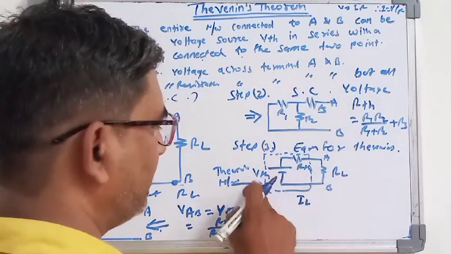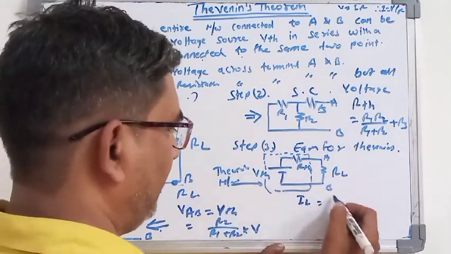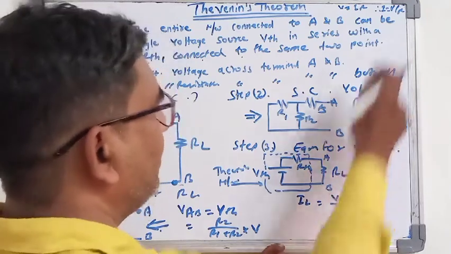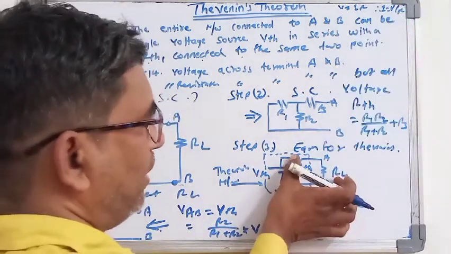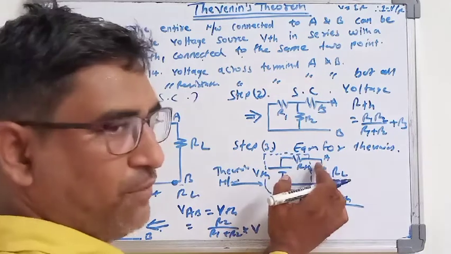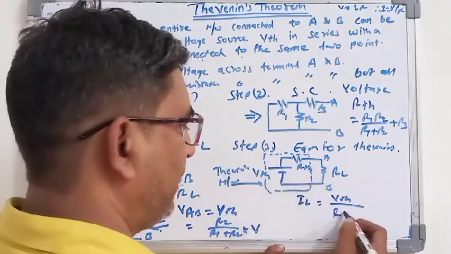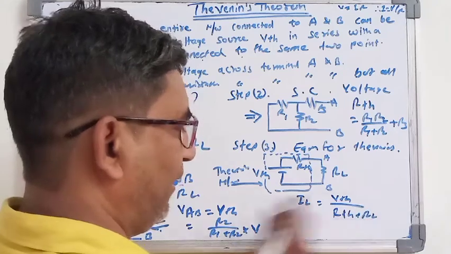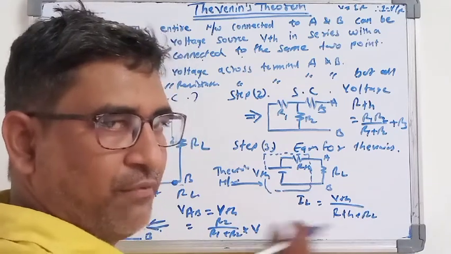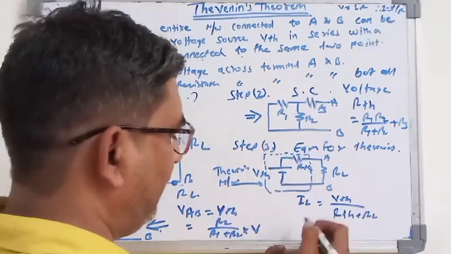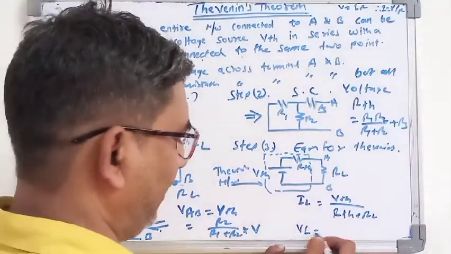In this circuit, what is the voltage? It is VTH. VTH divided by R. A single current is going to flow, and that's why RTH and RL are in series. So here you will be getting RTH plus RL. Very simple. Then at the end you have to find out the VL.